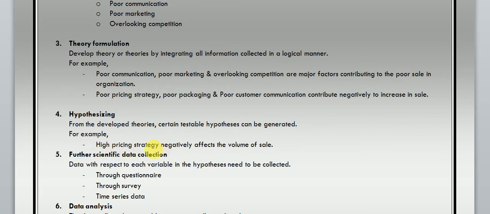So your high pricing can be a poor strategy with respect to the market, the environment and the customer purchasing power. You're not considering the market and you are just setting high pricing, so that can be a poor pricing strategy. That is why we say high pricing strategy negatively affects the volume of sale.